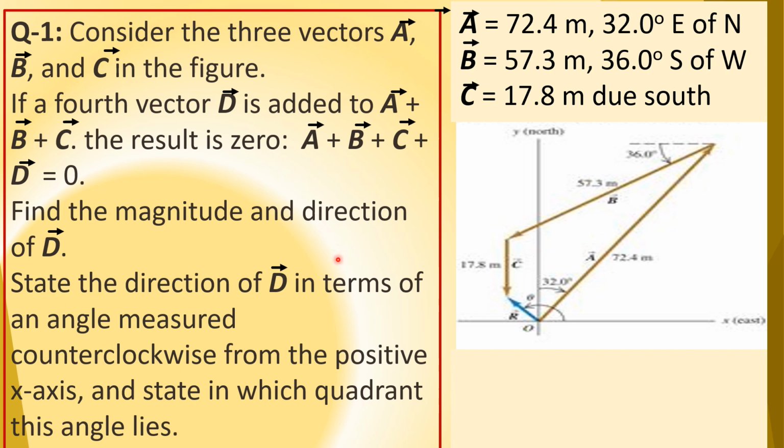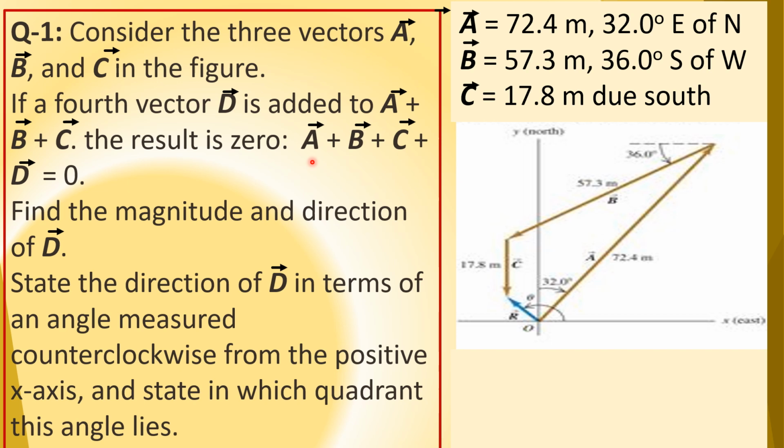Question number 1. Consider the three vectors A, B, and C in the figure. If a fourth vector, vector D, is added to A plus B plus C, the result is 0.